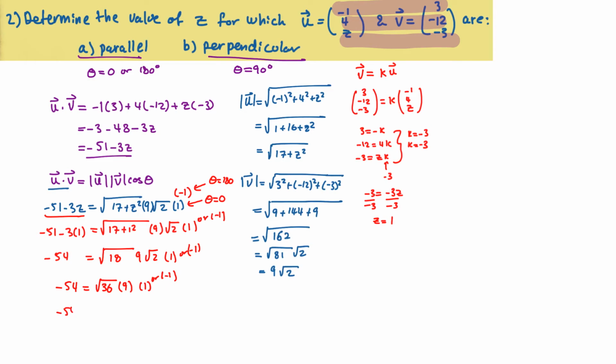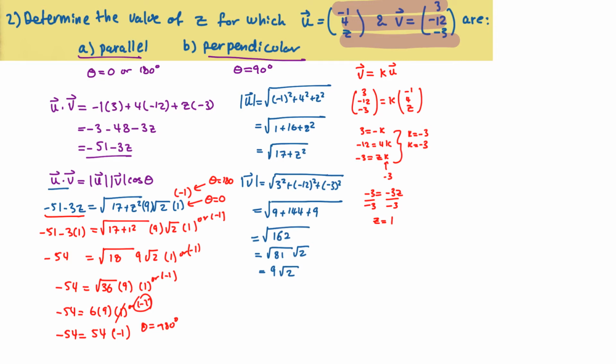And finally, negative 54 is equal to root 36, which is 6, times 9 times 1 or negative 1. So negative 54 is equal to 6 times 9, which is 54, times, in this case, it can't be 1, it has to be negative 1. So therefore, theta here is equal to 180 degrees. Okay, so we know that part now.